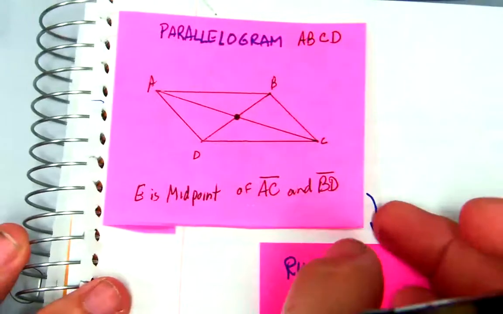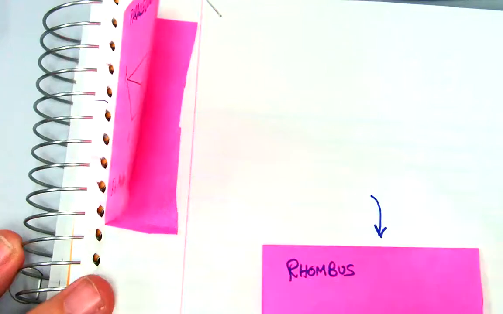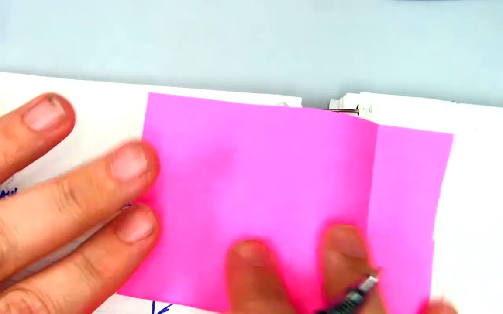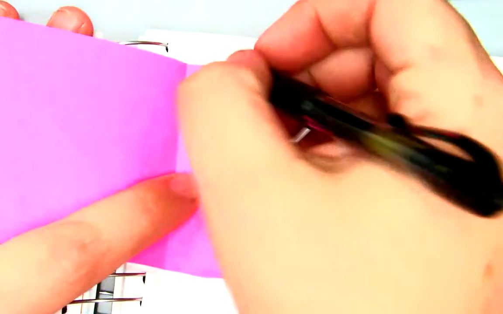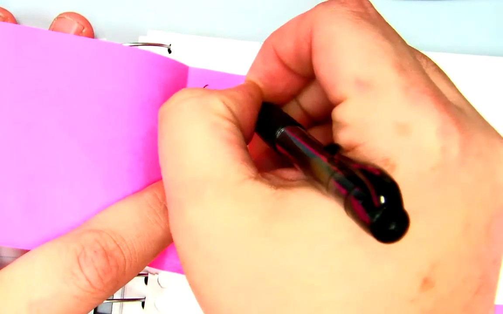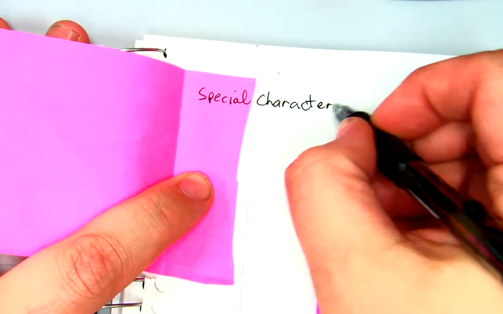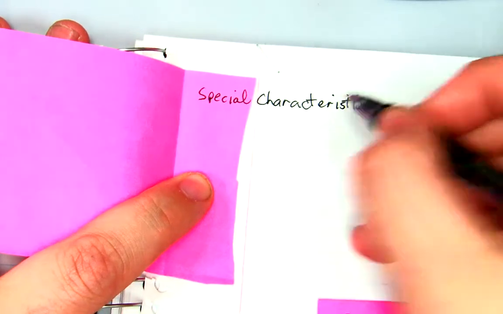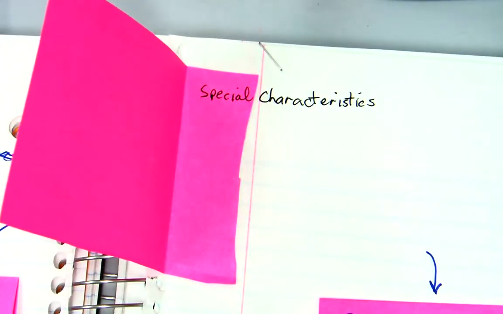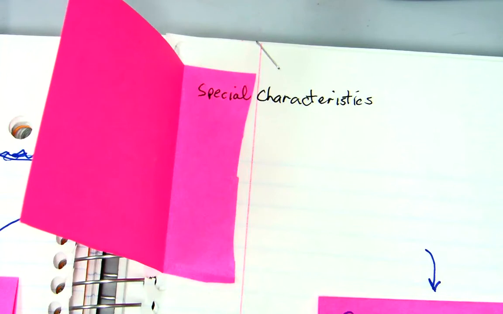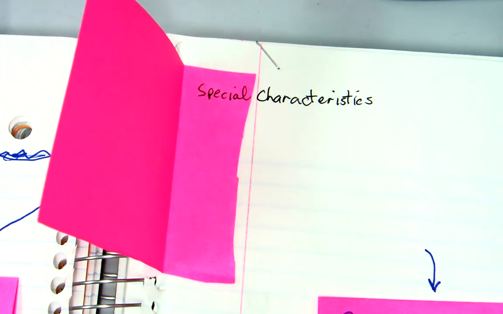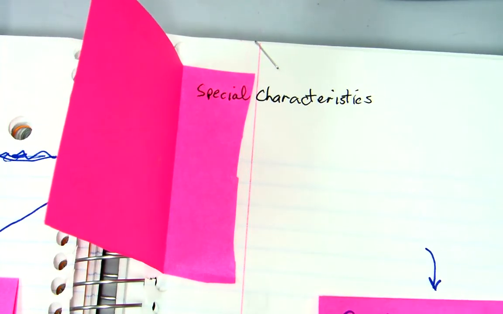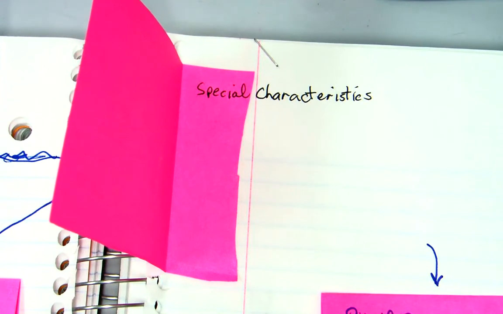Now, when you open this up, this one's kind of tough because it's on the spine. So we're going to have special characteristics. And these are the things that make the parallelogram a parallelogram.